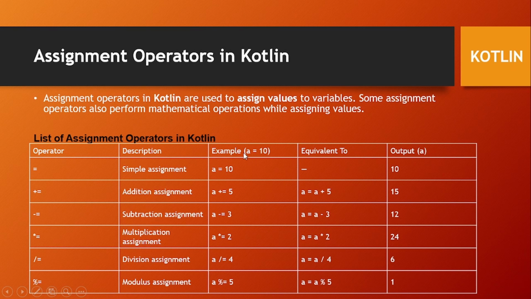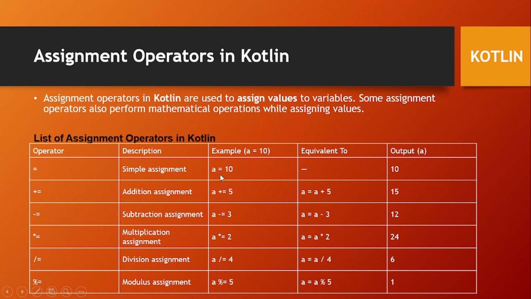Here we have examples of assignment operators so you can clearly understand what is happening. In the last three columns of our table, we can see the example and outputs, and that these are equivalent to these mathematical operations.